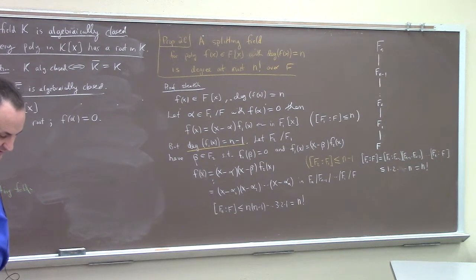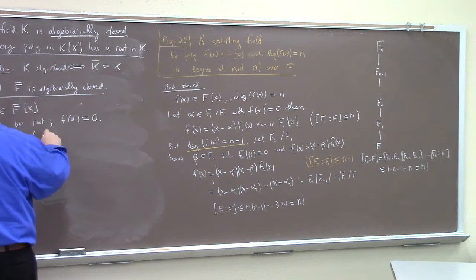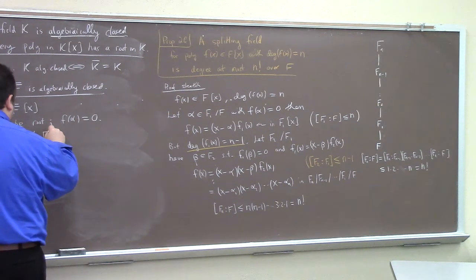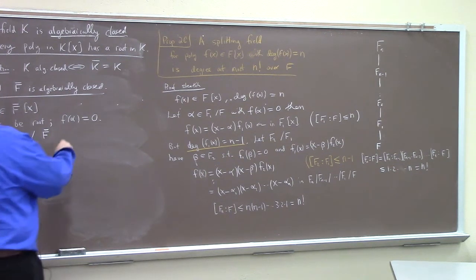He says, then alpha generates an algebraic extension f bar alpha of f. F bar alpha is an extension over f bar. But f bar is, as we've discussed before, algebraic over f. So this is over f, right?